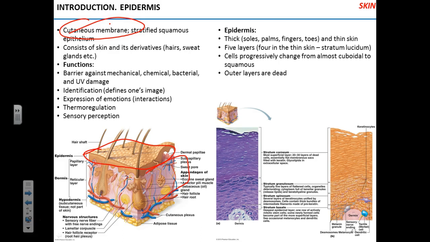And you can appreciate how painful it is for the underlying tissues when it is gone. It prevents those underlying tissues from dehydration.